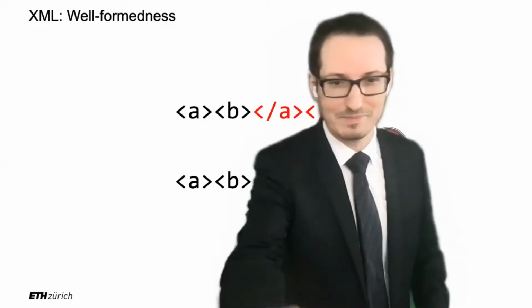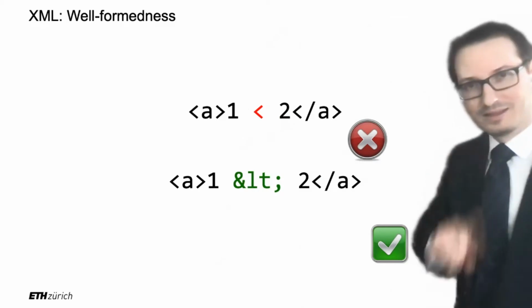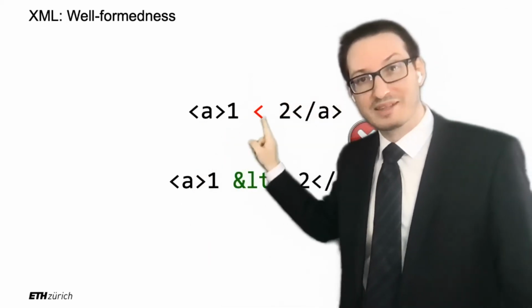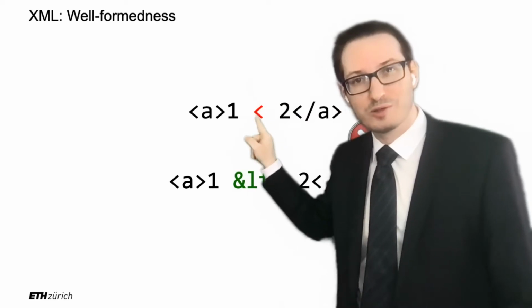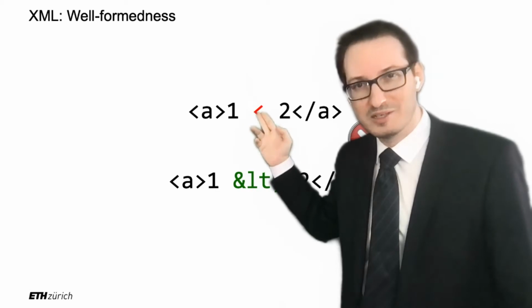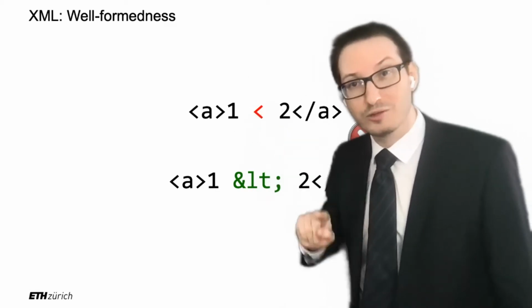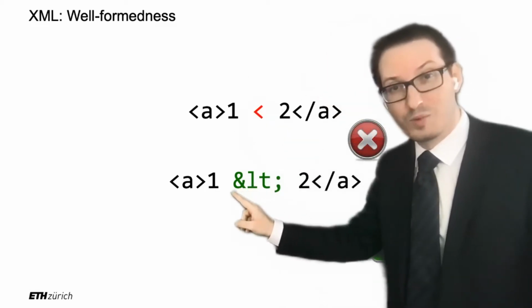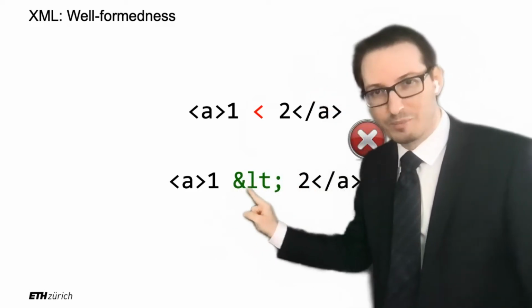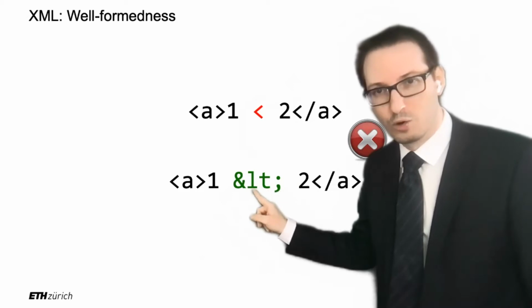Yeah, awesome. Okay, now, in order not to confuse the parser, you can also not use that character in your text. Why? Because the parser would be confused. The software that's reading your XML would believe that this is the opening of a new tag. You cannot do that. You need to escape it with this absolutely horrible sequence of characters, the ampersand LT semicolon, lower than actually.